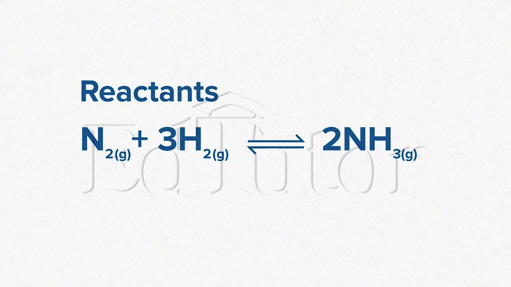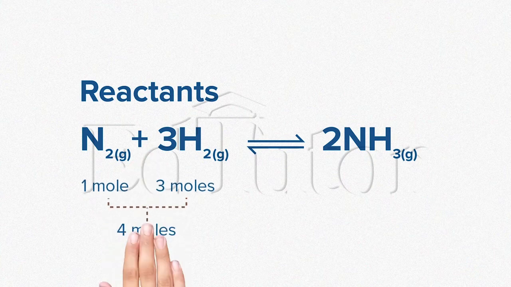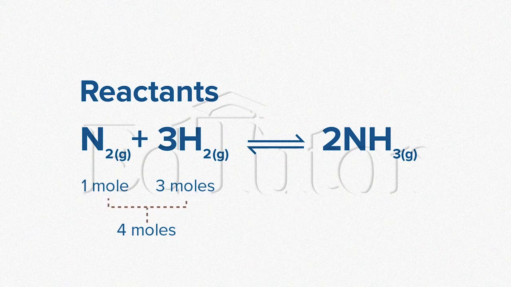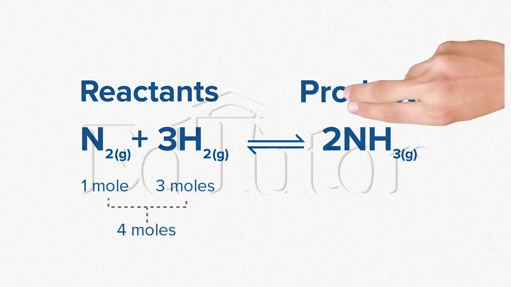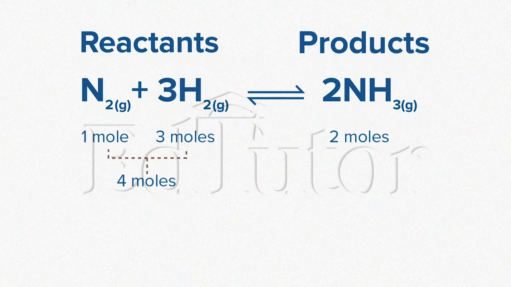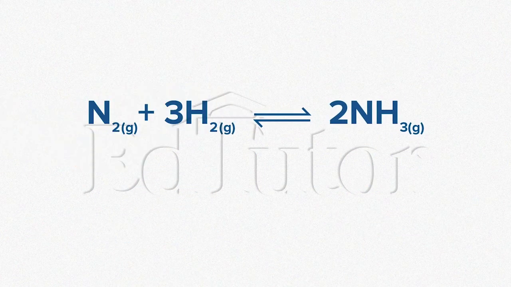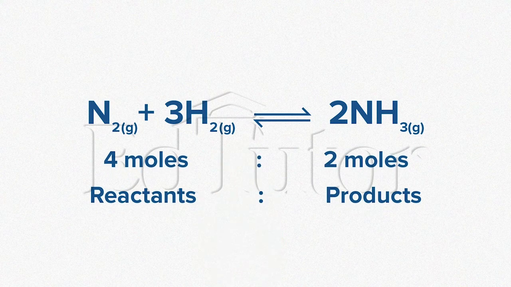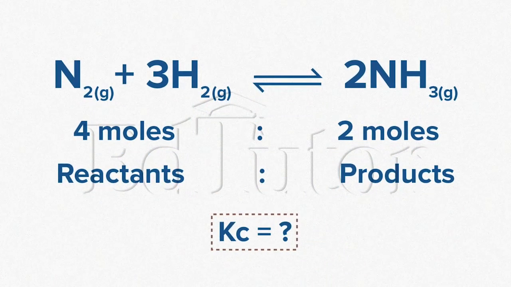On the reactant side, we have 1 mole of nitrogen and 3 moles of hydrogen. In total, we have 4 moles on the reactant side. Similarly, we only have 2 moles of ammonia on the product side. We have a different number of moles on the reactant side and product side. We definitely should have a unit in this equation.